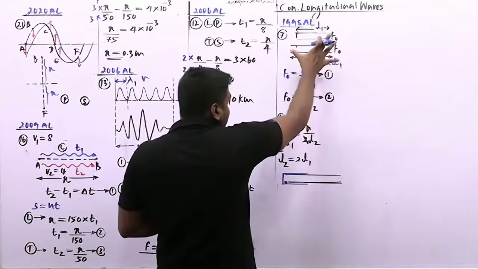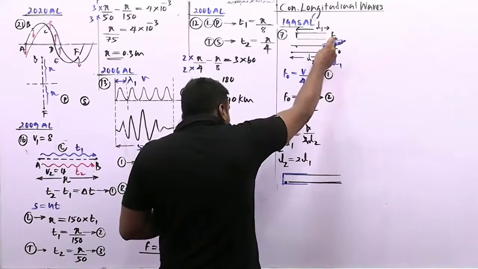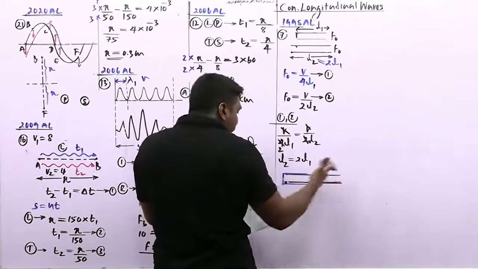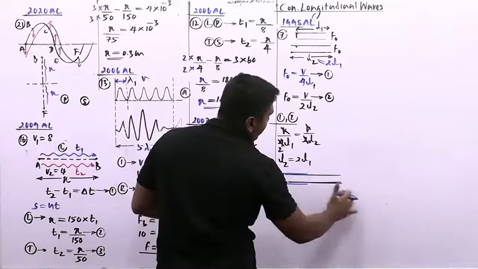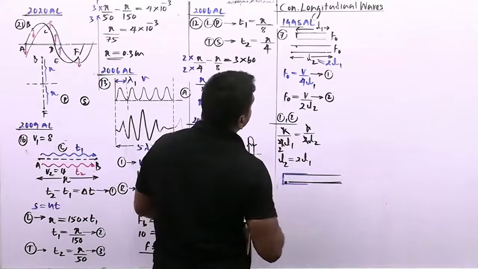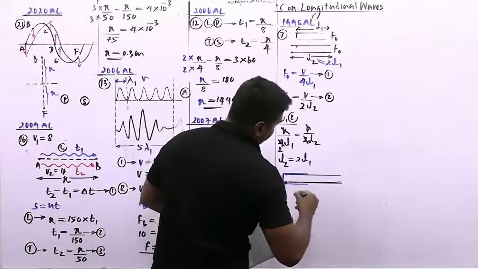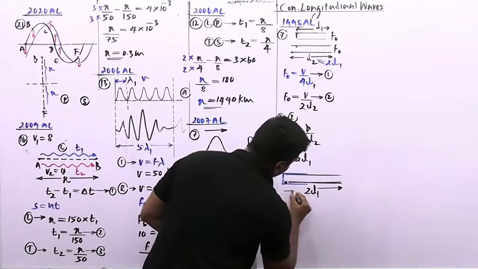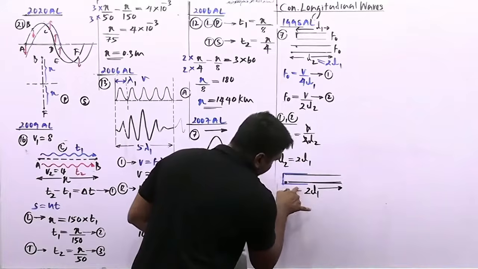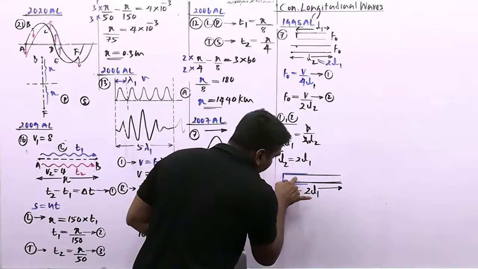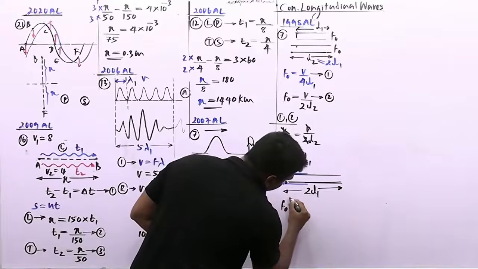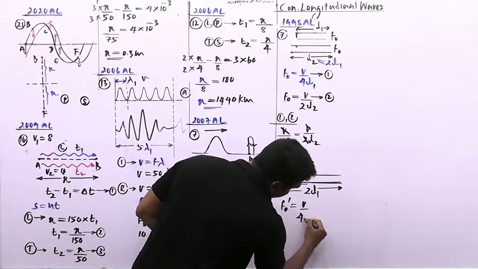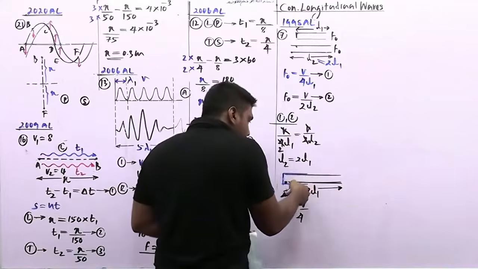If you insert this L2 both end open tube completely inside this one end closed tube, the result is again a one end closed tube having a length of 2L1. So what is the fundamental frequency equation? Let's say the fundamental frequency of this one end closed tube is F naught dash, that must be equal to v over 4L, where the length is 2L1.